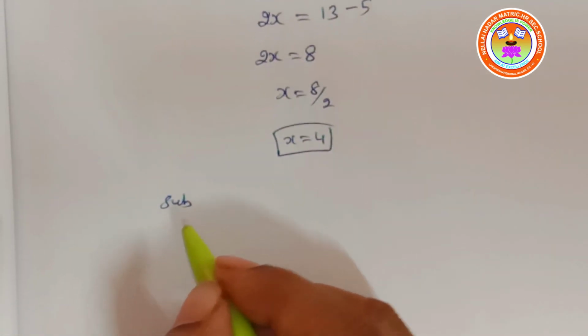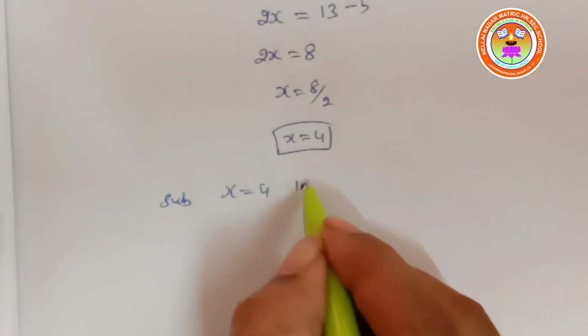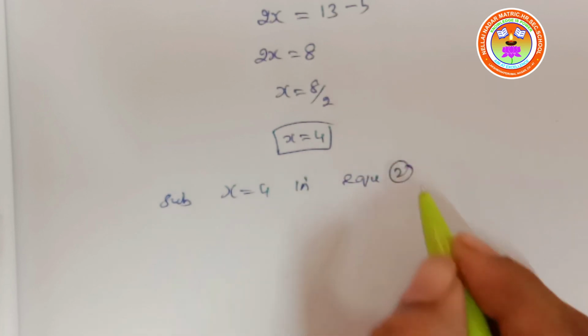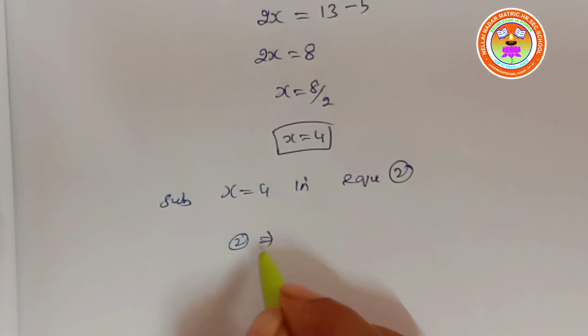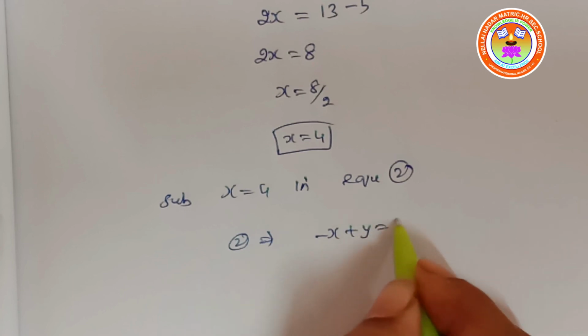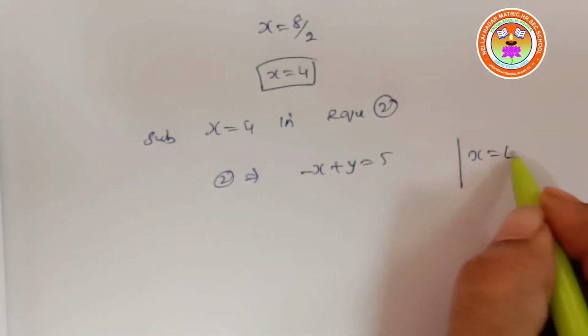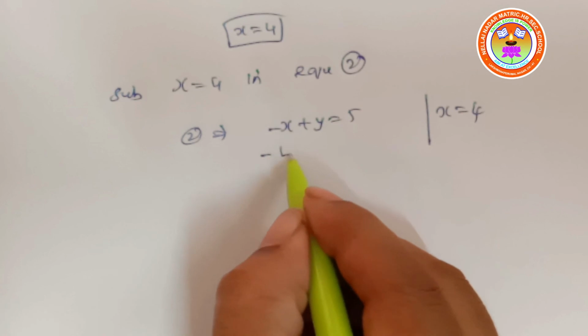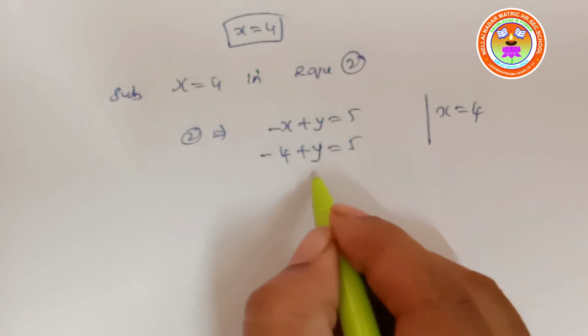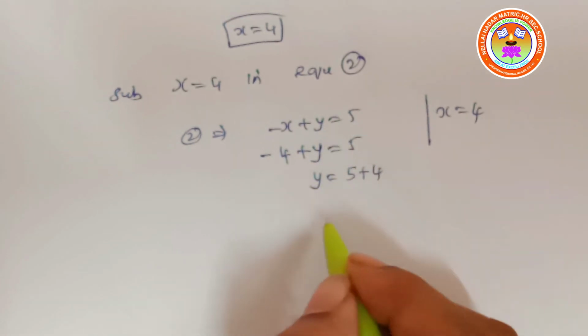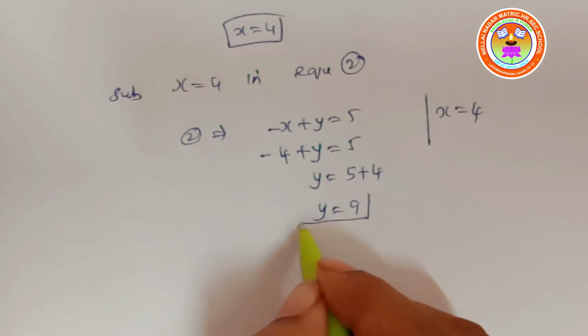Substitute x equal to 4 in equation 2. Equation 2 is minus x plus y equal to 5. So minus 4 plus y equal to 5, y equal to 5 plus 4, y is equal to 9.